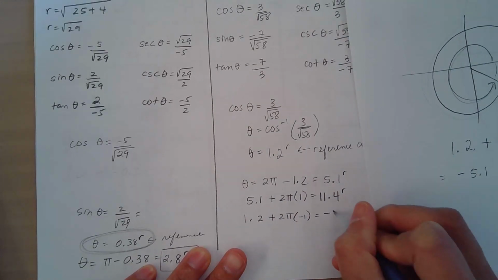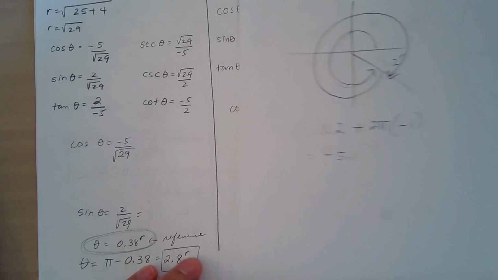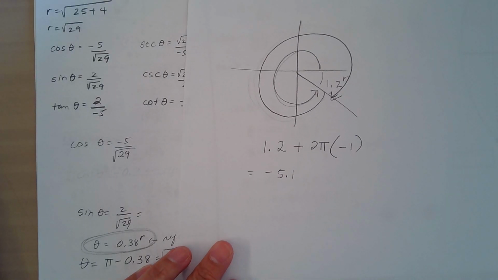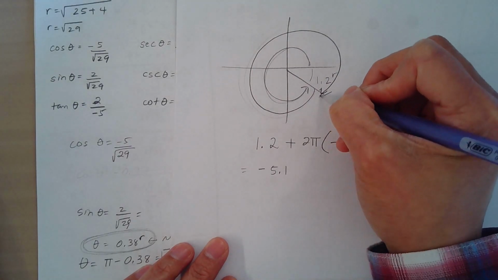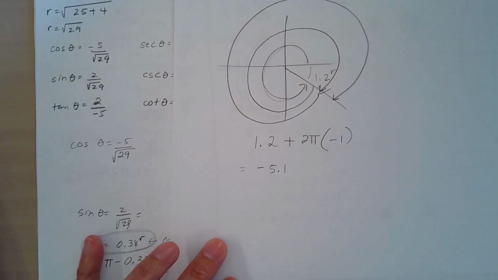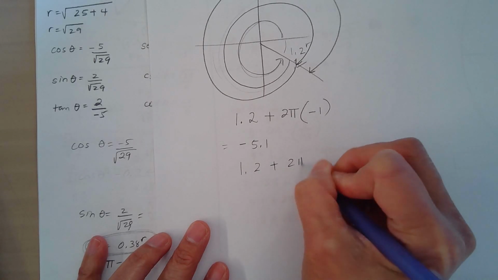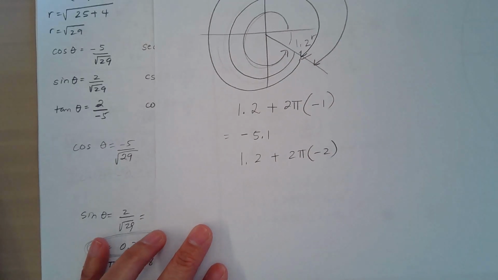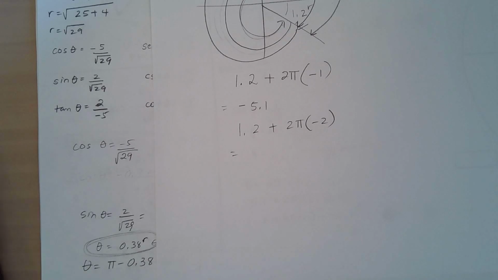So it's going to give us negative 5.1 radians. Okay, can we do one more round? Another negative 2 pi. So now we're at 1.2 plus 2 pi times negative 2, because negative 2 means we're going to go around twice. Let's try that.